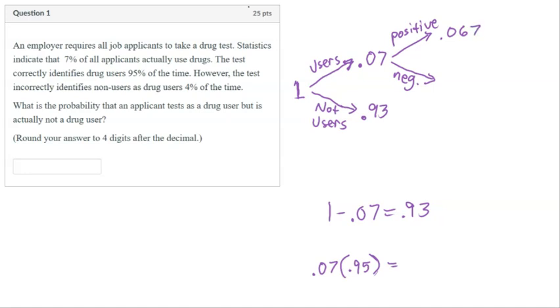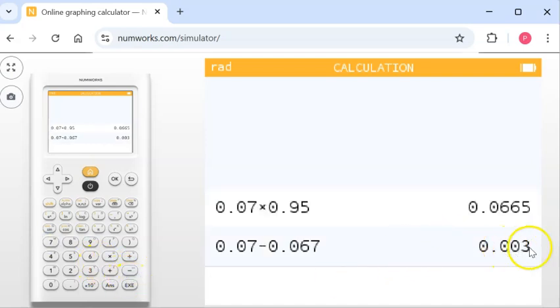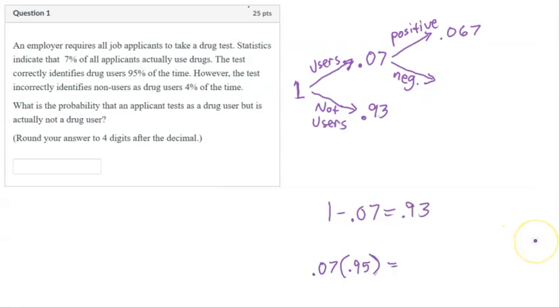Whatever is left over is going to go into negative here, so we do 0.07 minus 0.067, and that gives us 0.003. So here we'll put 0.003.